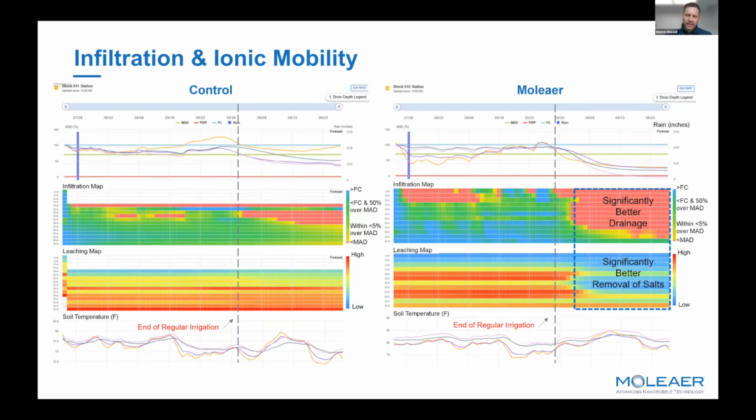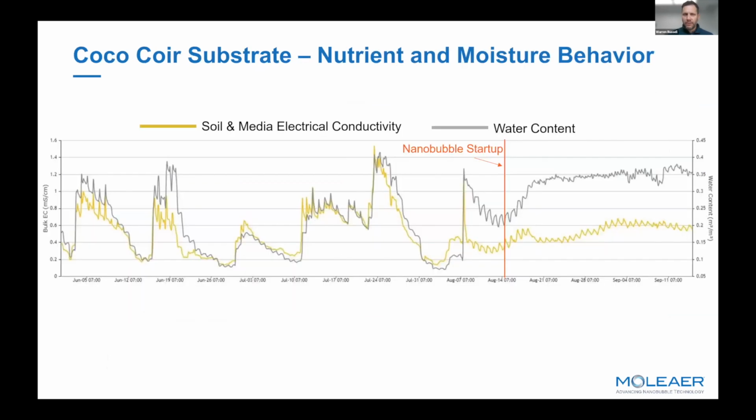So we definitely are very focused on how nanobubbles can be used and facilitated, not only as a way to improve this infiltration, but to affect your soil amendment regime as it relates to improving flocculation, reducing soil compaction, and also your salinity management as well.